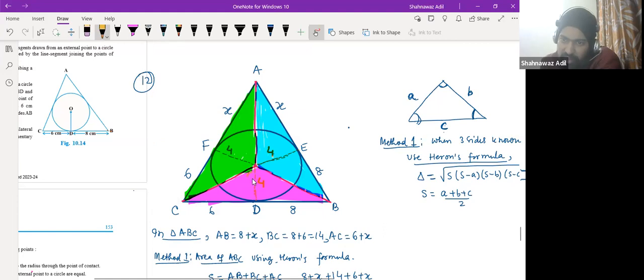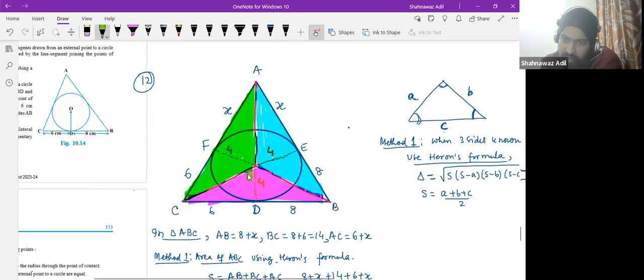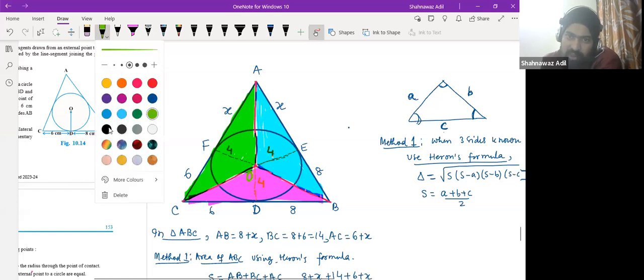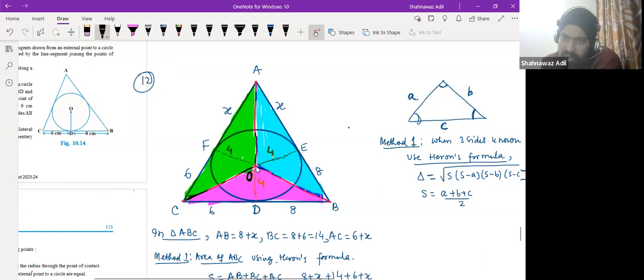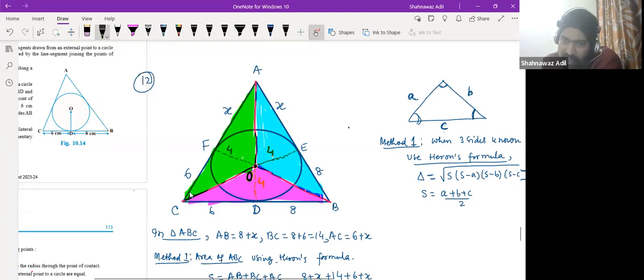This is one point, and we want to calculate the area of this triangle AOC.